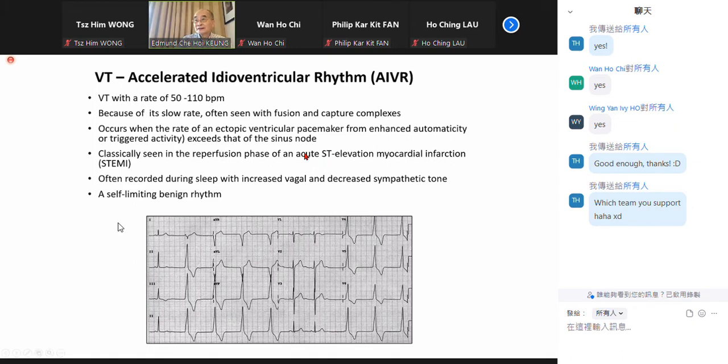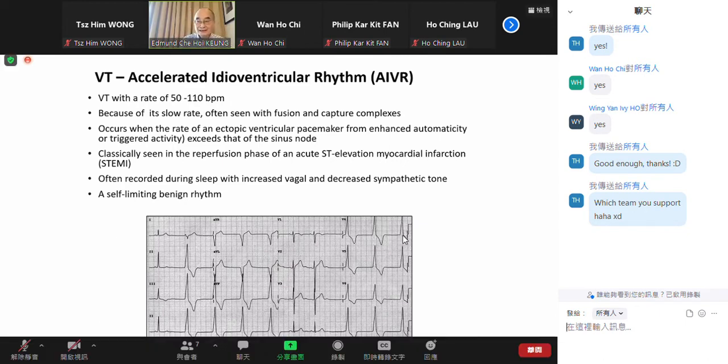Now, it issues from enhanced automaticity, and it's very commonly seen during the reperfusion phase of an acute ST elevation MI. So it can be spontaneous, or it can be after a successful PCI procedure. What happens is that the ischemic muscle is now getting blood back, and it celebrates by sending out the signal.